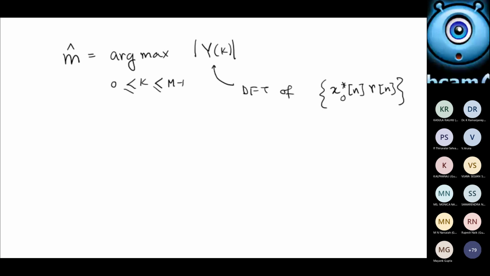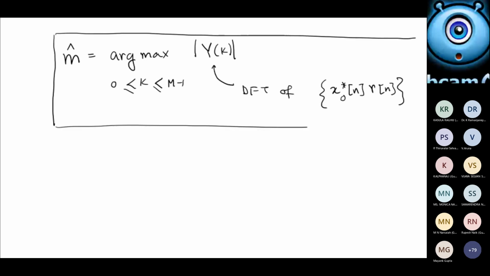Just find the sample that has the largest value and consider that sample's location to be the transmitted CSS symbol. So this is our final CSS demodulation procedure on an AWGN channel, of course.